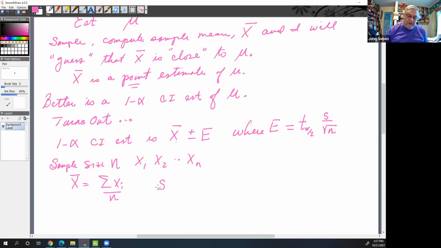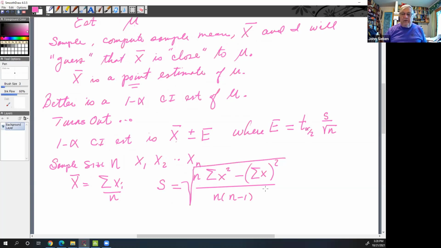And S, again, second week of class, we learned that we can calculate that as the square root of n times the sum of x squared minus the square of the sum of x, all over n times n minus 1.